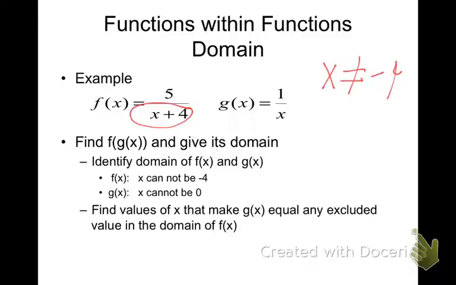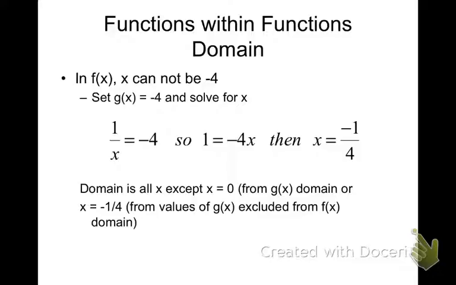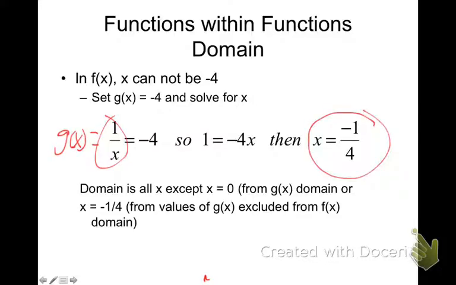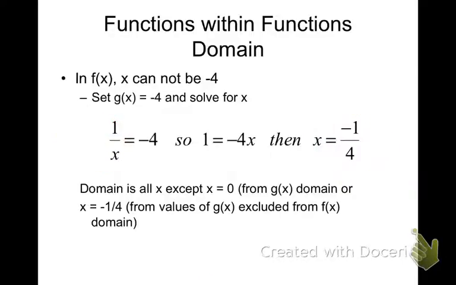So what the next slide is saying is, because x can't be negative 4, you have to also set, replacing your x's with g of x. G of x is 1 over x. So since you're replacing x in f of x with 1 over x, this is now what can't be negative 4. And you solve. So x can't be negative a fourth or 0. There is another way to look at this, and that'll be coming up next.